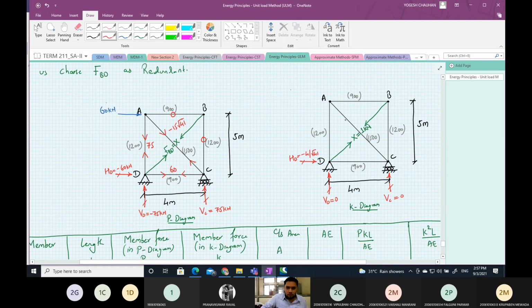This is 1. AB will be equal to minus 4 by root 41.